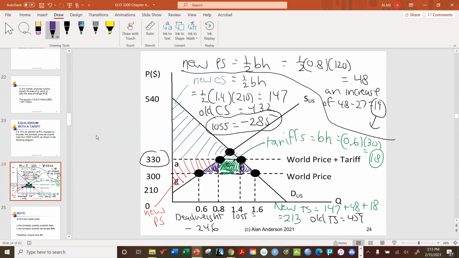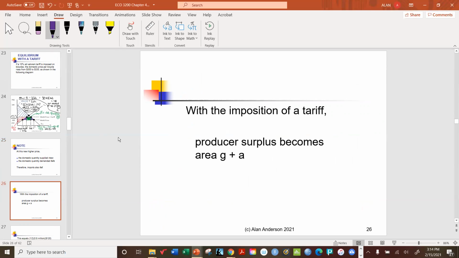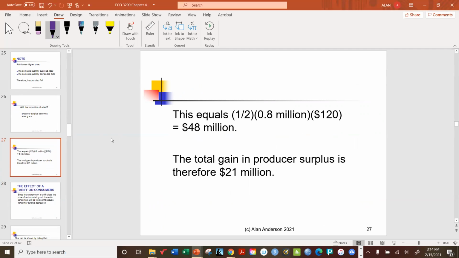That's a 10% tariff. So at the new higher price, the domestic quantity supplied rises, the quantity demanded falls, imports fall. Now, if you want to analyze this, you can do this with the letters too.